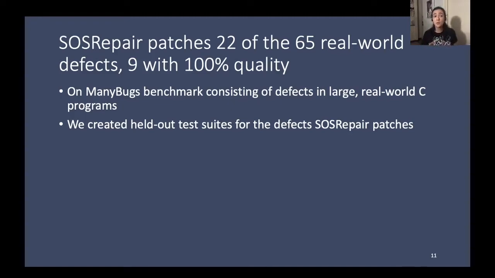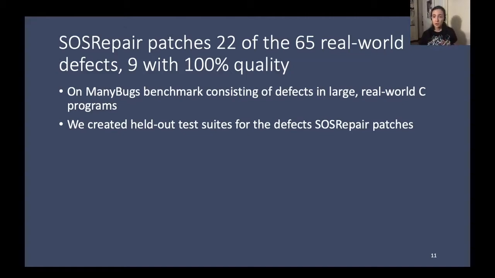Overall, SOSRepair created patches for 22 of the 65 real-world defects in this benchmark that fall within its defect class, and 9 of these patches pass 100% of the held-out test cases.